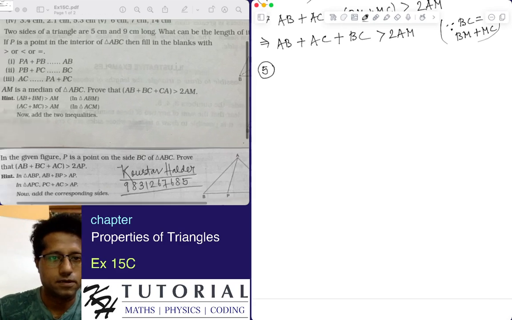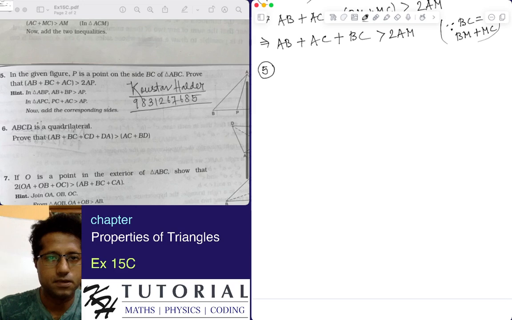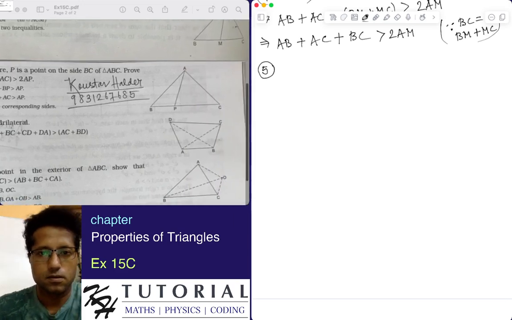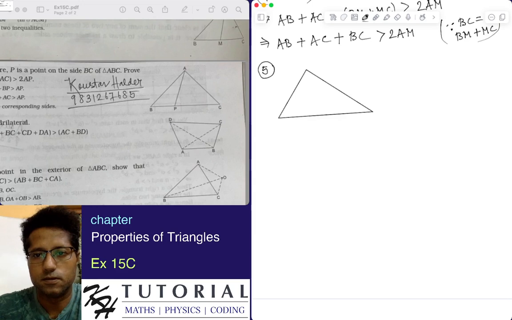Problem number 5 says that in the given figure, P is a point on the side BC of triangle ABC. Okay, let's draw the figure first. We have the triangle ABC, and P is a point on the side BC of the triangle.